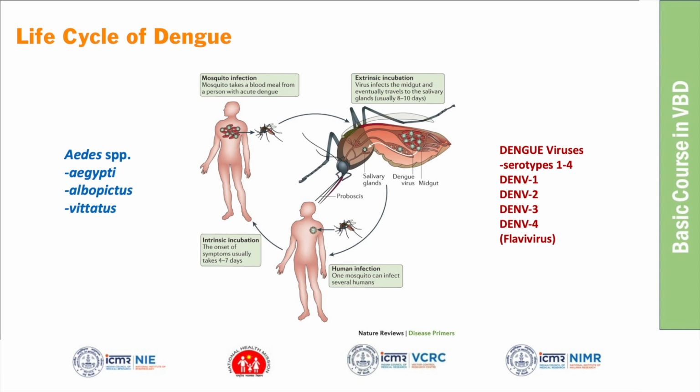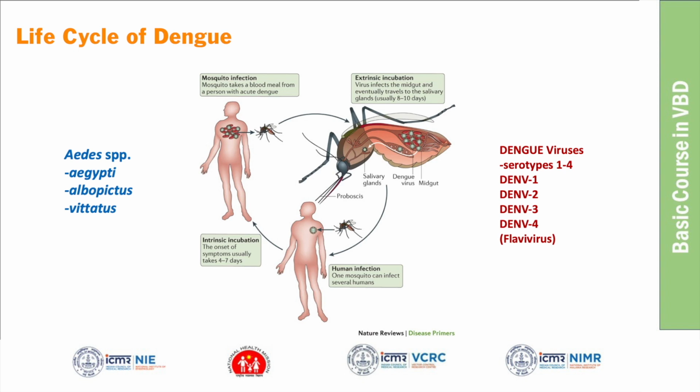And different serotypes may be distributed in different geographical areas, and in a single geographical area you may see different serotypes surfacing in different years, and sometimes 2 or 3 serotypes may be transmitted in the same area.